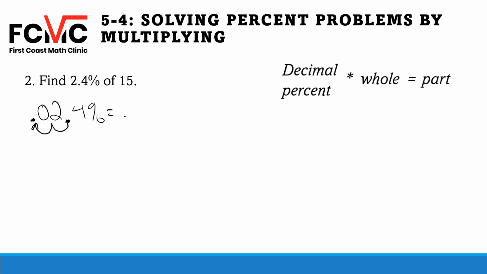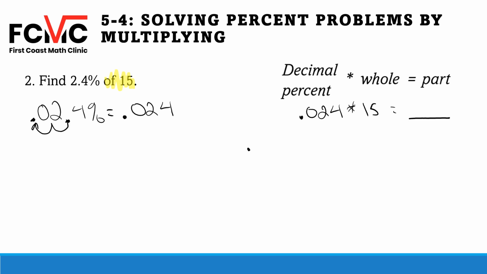Our new decimal is going to be 0.024. Our whole value, that's denoted by the word of, so we've got of 15, so times 15. So we're multiplying 0.024 times 15, then getting our part, our answer here.